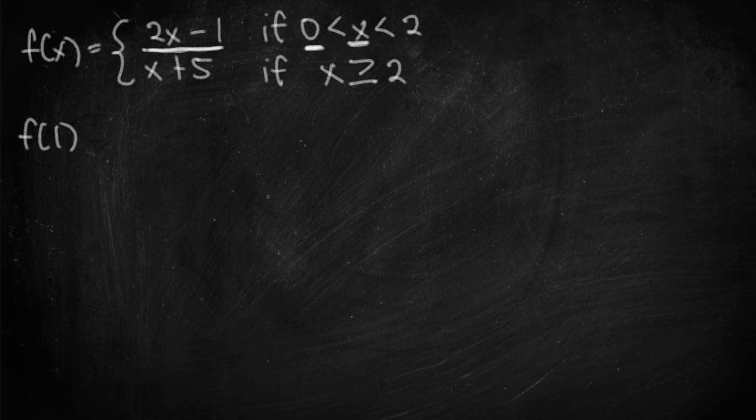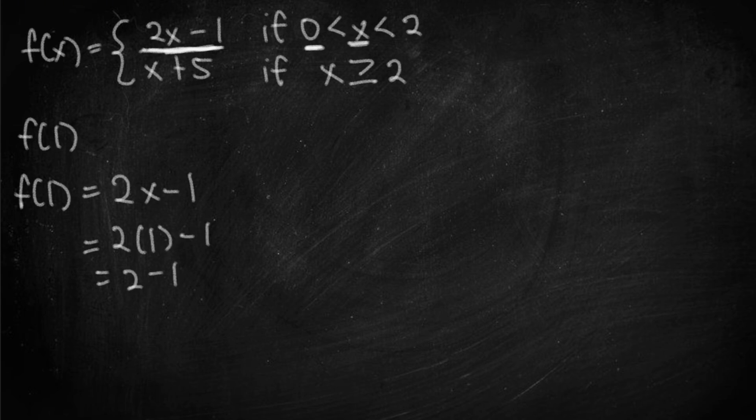So simply copy 2x minus 1, and again, when we are substituting, we multiply those terms and variables when they are side by side. 2 times 1, that is 2, and you subtract 1, that is equal to 1.